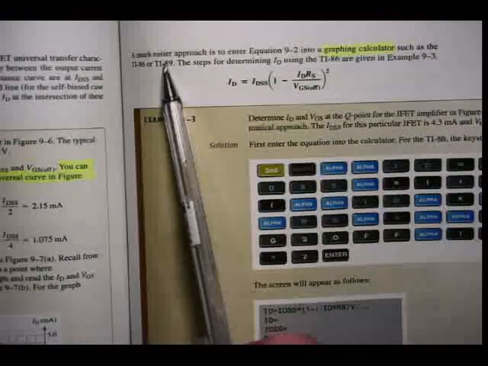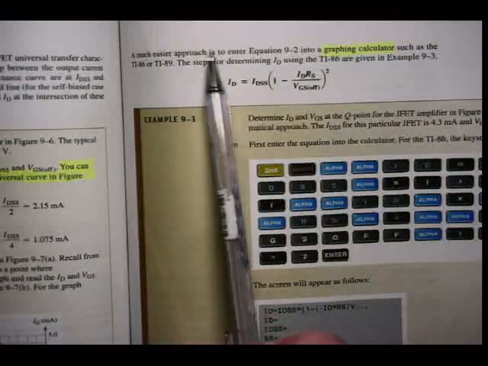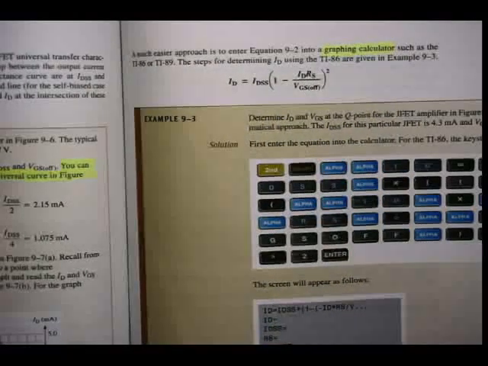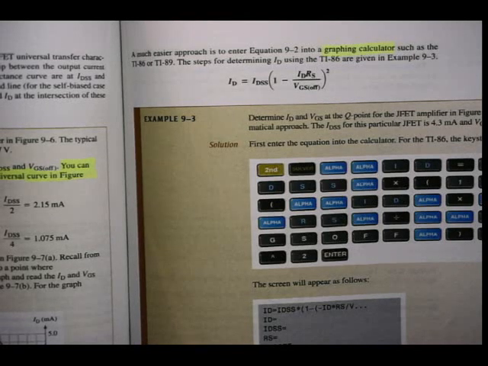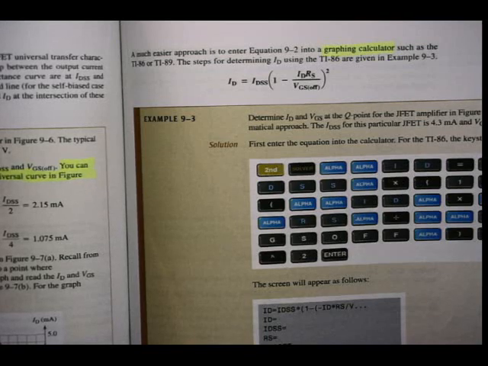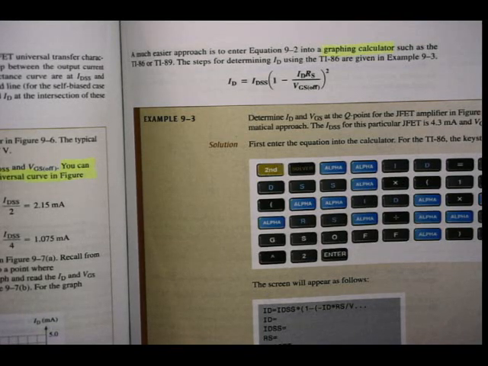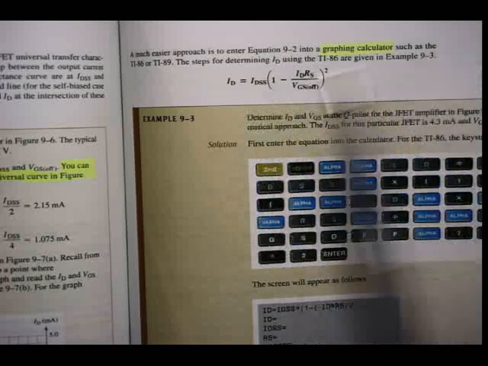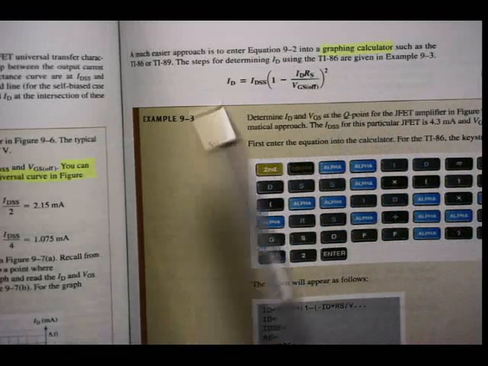They say on the top of the next page, a much easier approach is to enter the equation into a graphing calculator. But I think most of us do not have graphing calculators, so we are not going to do the mathematical method. We will use the graph as in the previous example. Anyway, you can use that formula if you do have a graphing calculator.